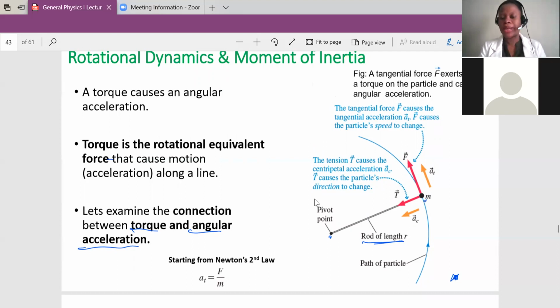If torque is applied, we'll see that the particle will roll or will be set in motion. So assuming that the motion of the particle is taking this path, just to give us a positive direction, remember the direction of acceleration and torque that we saw in the last class: when it's going in the counterclockwise direction, it is positive, and when it's going in the clockwise direction, it is negative.